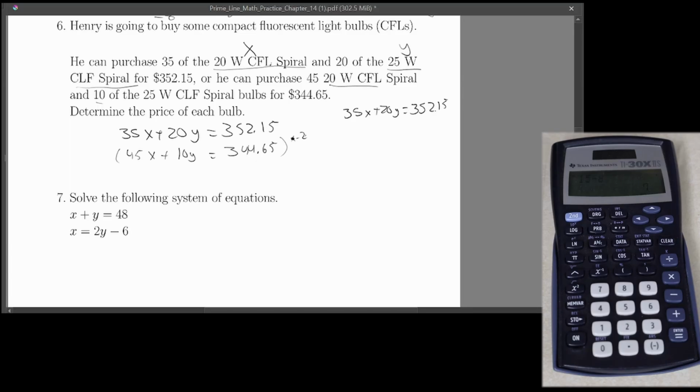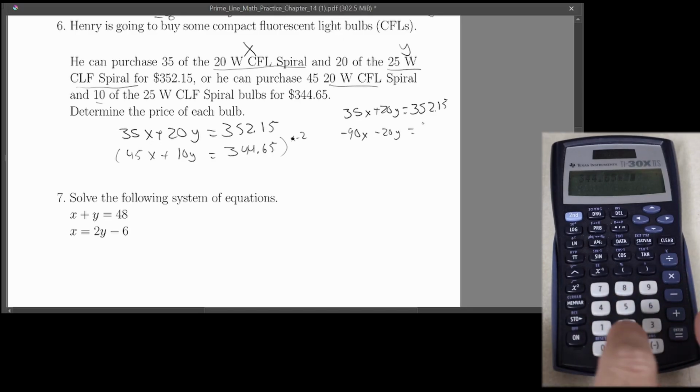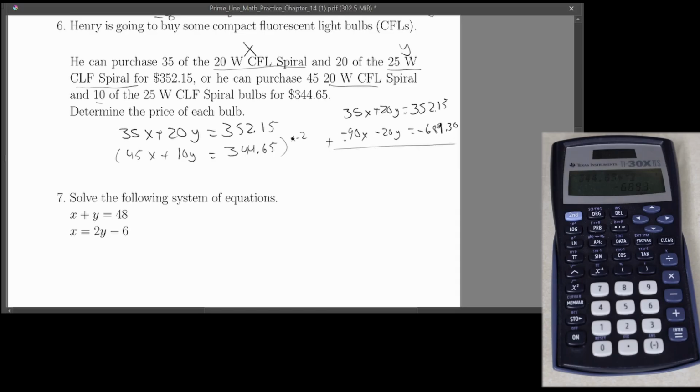And then -2 times 45 is going to be -90x. -2 times 10 is going to be -20y. And 344.65 times a -2 gets us -689.30. We're going to add these two together.